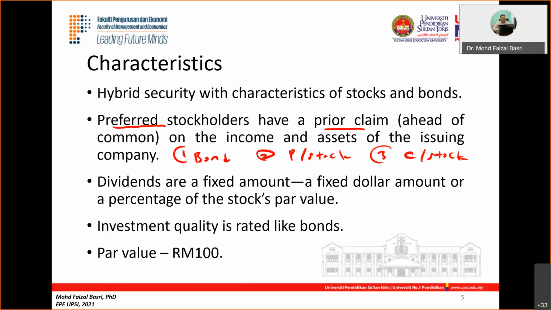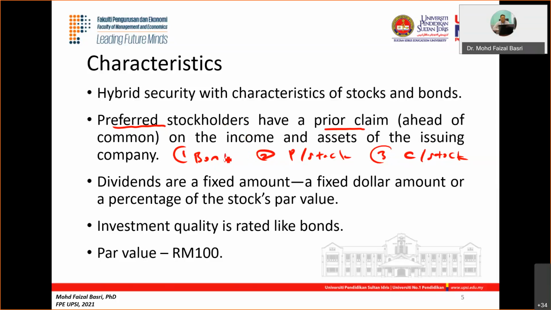If you remember when we talk about bond, the bondholders are expected to receive interest in the form of coupon. The coupon interest will be received first. As bondholders, they will receive their coupon quite early in the account. In fact, before the announcement of net profit, the company needs to pay the bond payment, or the coupon, first to the bondholders.